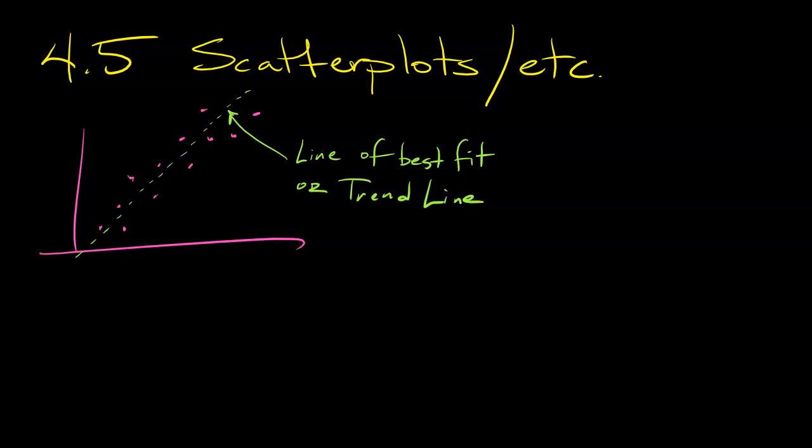Now, if your points from the scatter plot go to the upper right, this would be called a positive correlation.